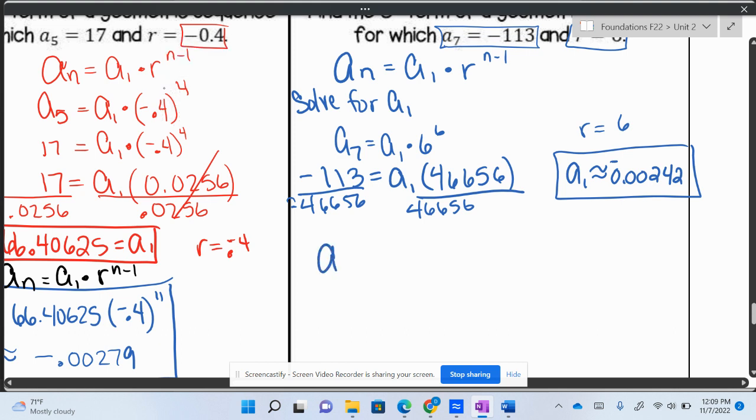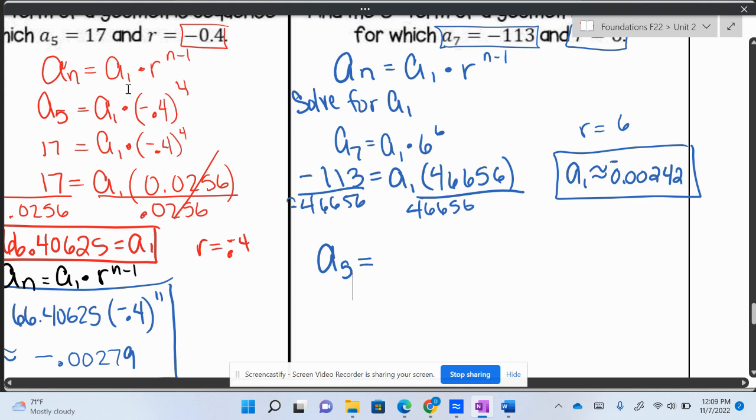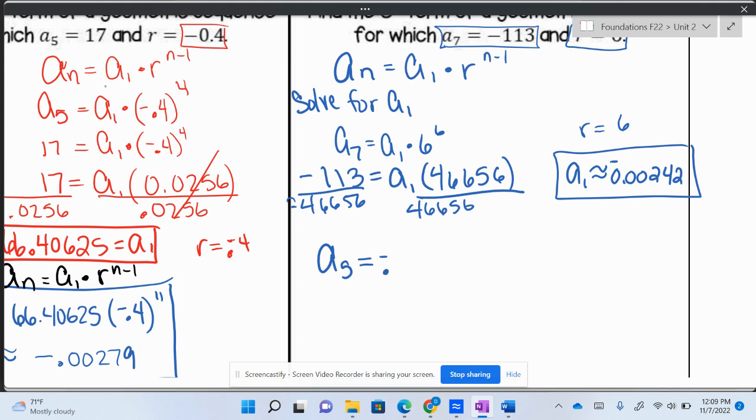So A to the fifth equals A to the 1, which is negative 0.00242, times my common ratio 6 to the 5 minus 1 power. So A to the fifth equals negative 0.00242 times 6 to the fourth.